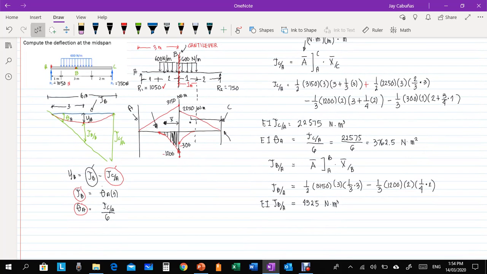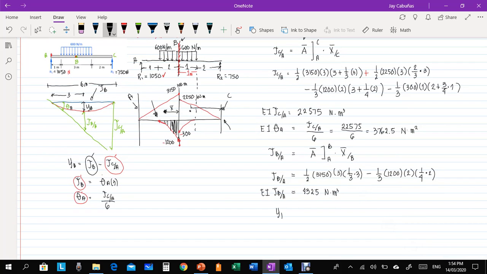I guess we have everything. So we have YB equal to what? Again, if we draw the triangle here, this height is the deviation at B. This height is YB. This height is the deviation of B relative to A. That is just YB equal to the deviation at B minus the deviation of B relative to A.